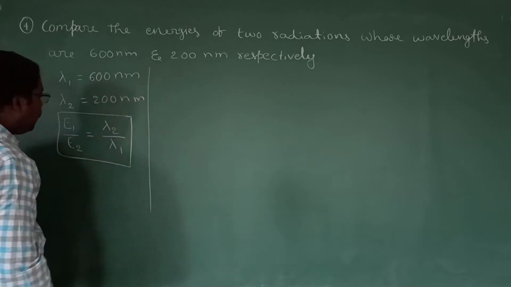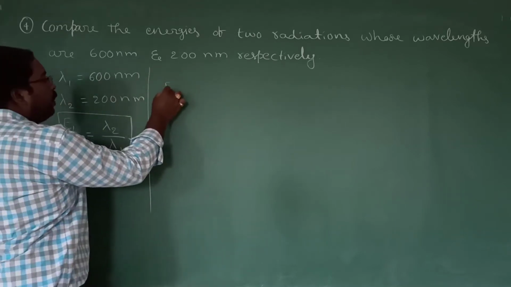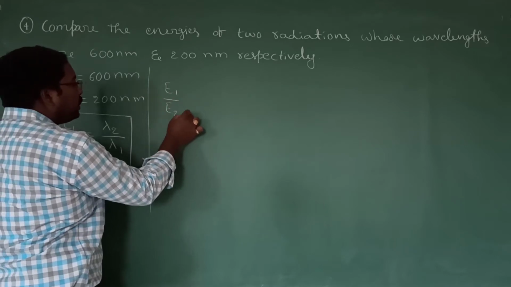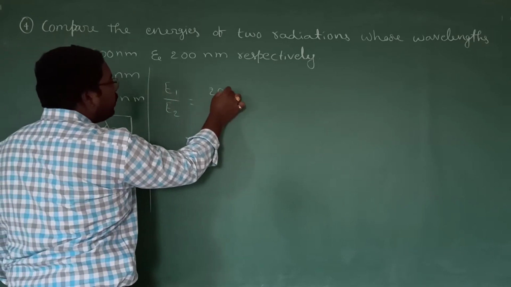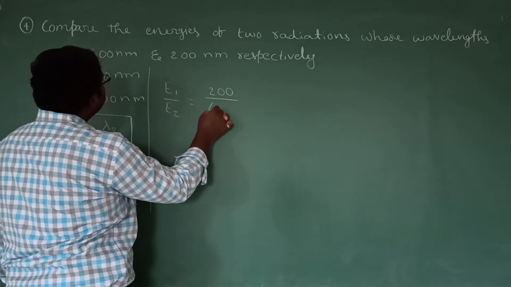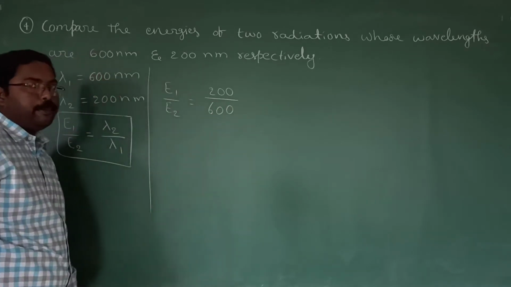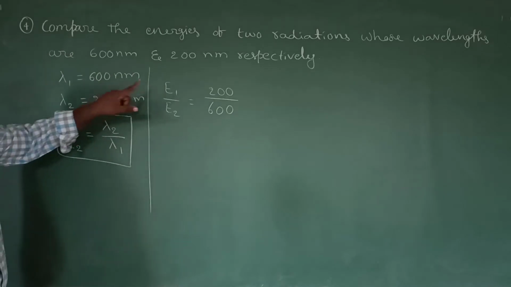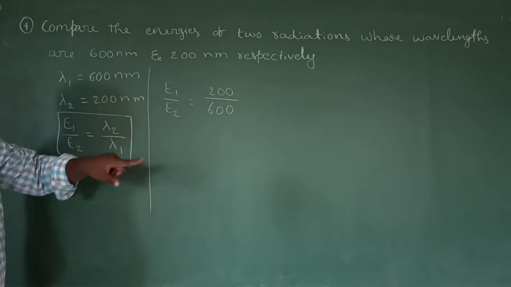Then substitute the values in the formula. E1 by E2 is equal to lambda 2 by lambda 1. Lambda 2 value given is 200 nanometer. Lambda 1 value they gave as 600 nanometer.